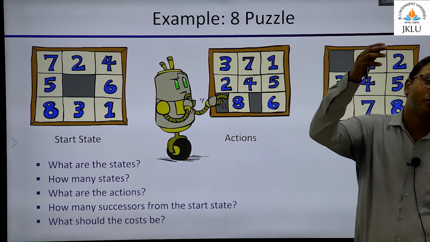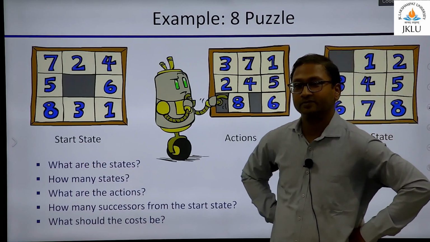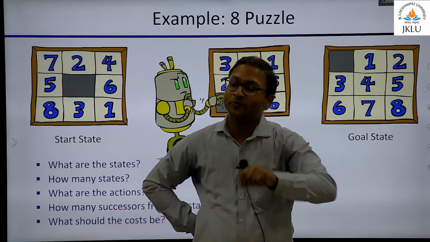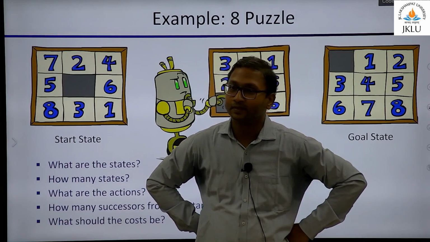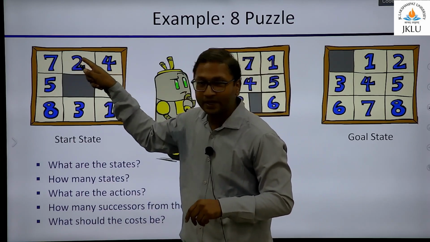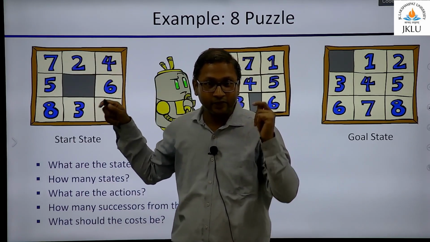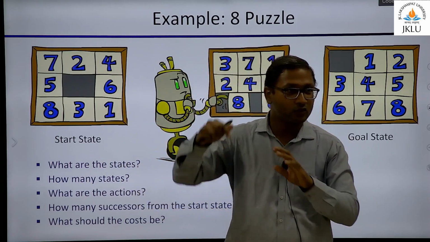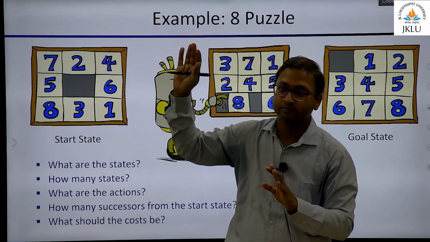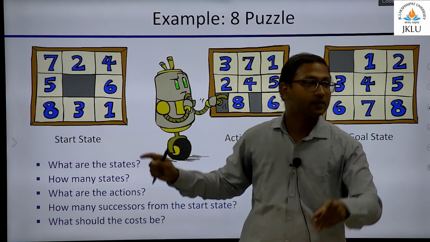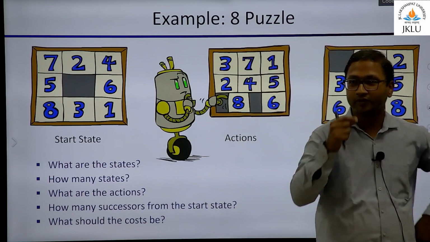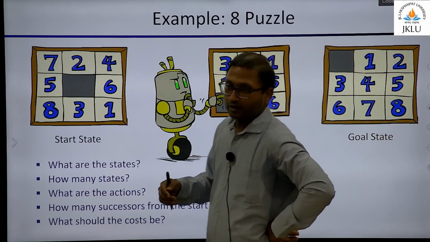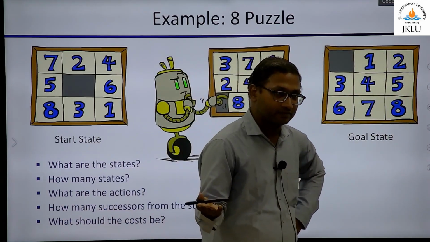Now tell me first, who said 2 to the power? When will you have 2 to the power something? If I were to place 9 pellets here, then you can say either there is a pellet or there is no pellet. So those arrangements will be 2 to the power whatever, right? Okay, right. Now we are talking. Will it be 8 factorial or 9 factorial?